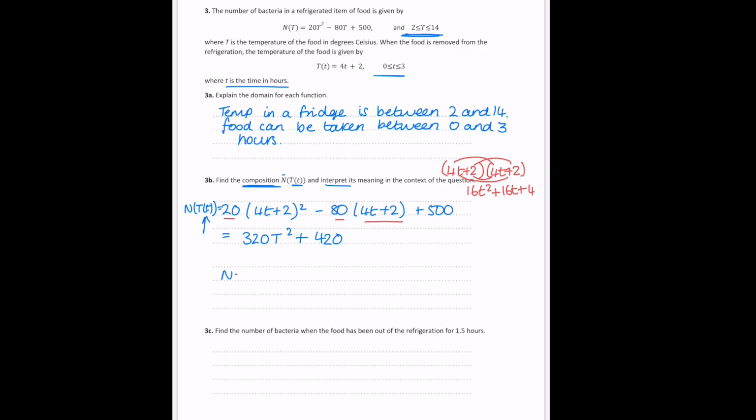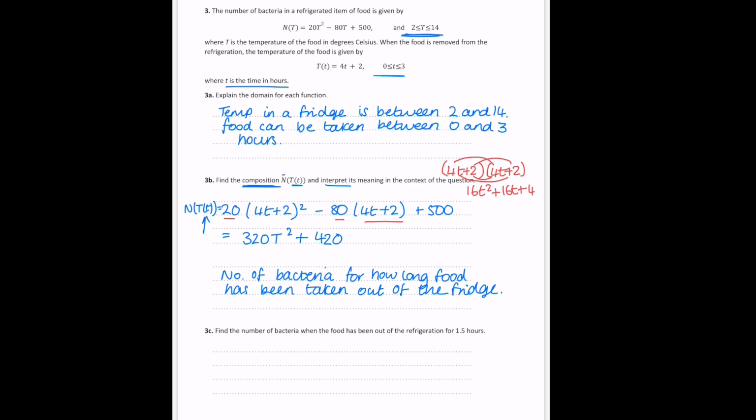So it's the number of bacteria for how long food has been left out, taken out of the fridge.